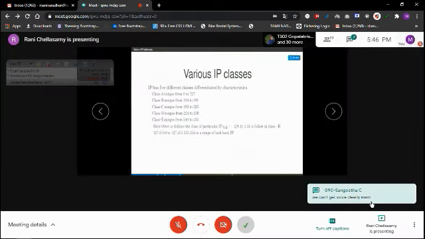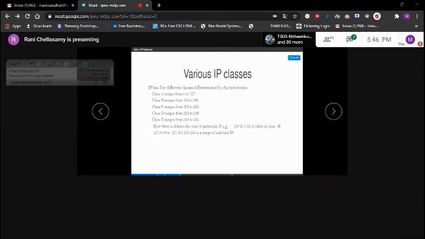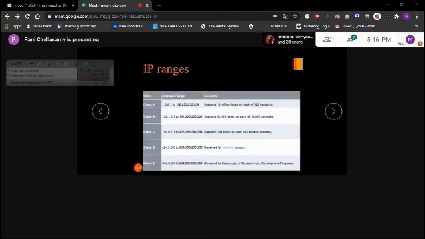Coming to this, the class A address ranges are specified here. Class A supports 16 million hosts on each of 127 networks.